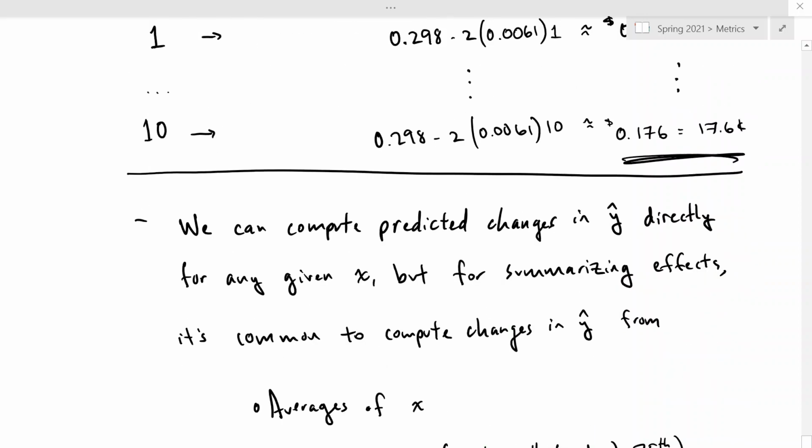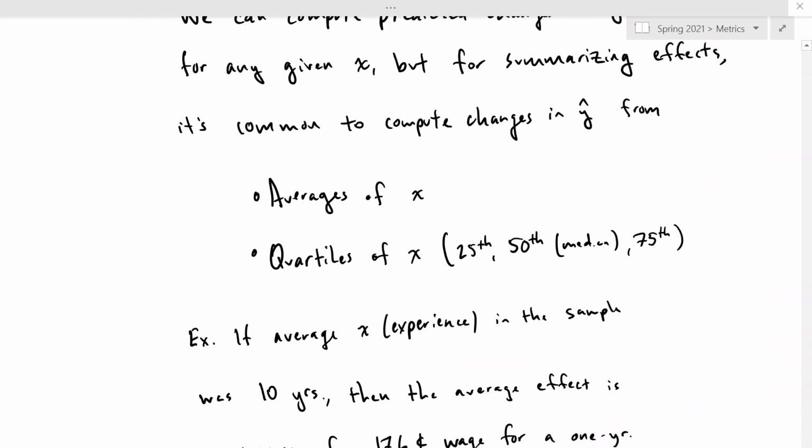But again, you might consider looking at multiple quartiles or quintiles or deciles or whatever you would want to do, and then look at the average effect within that range of data.